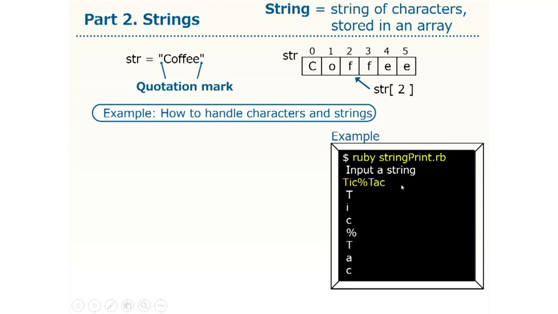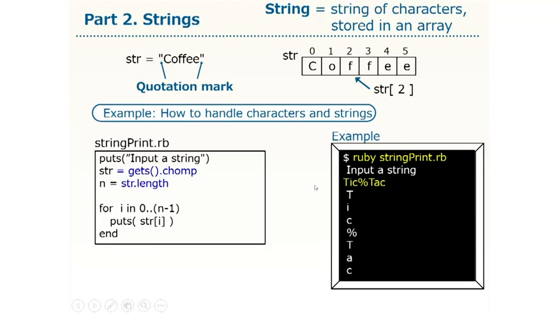Pressing the Enter key conveys to the computer that the whole string was put in. So the computer processes it and displays the characters one by one on the screen. This program, string print.rb, works in this way. By the way, recall that in this lecture, I'm using these yellow characters for those to be typed by the human, while white characters are outputs from the computer.